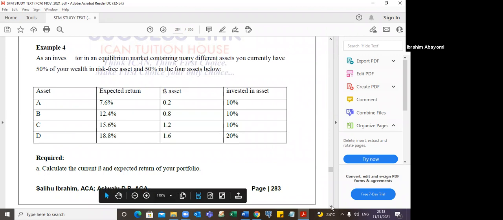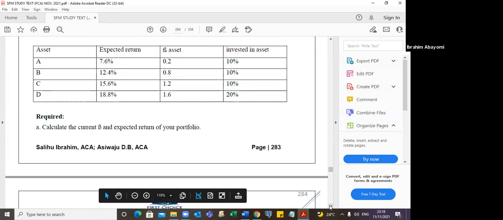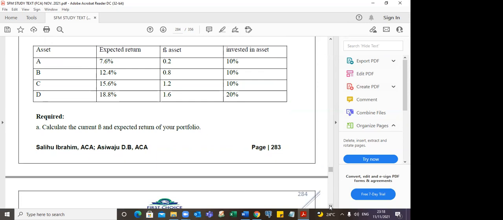Required: calculate the current beta and expected return of your portfolio.